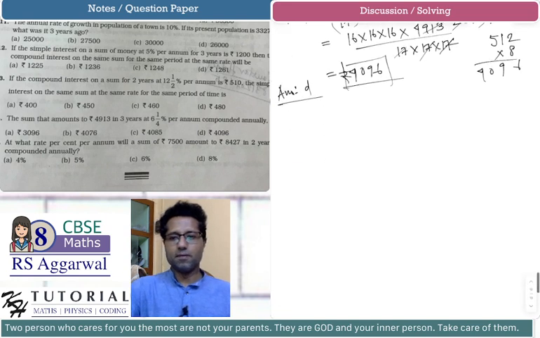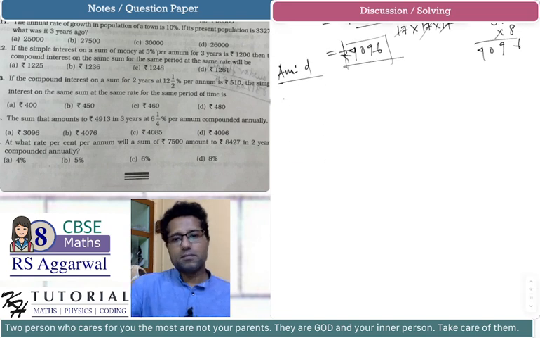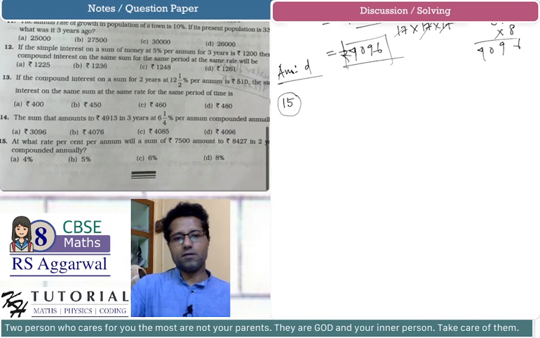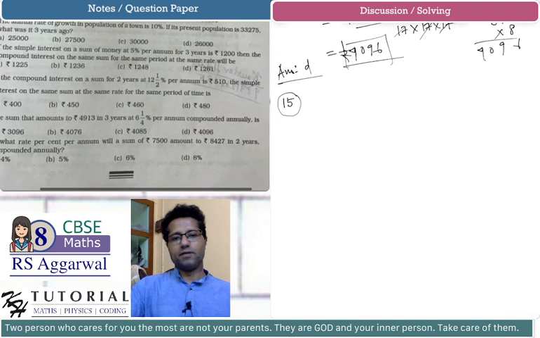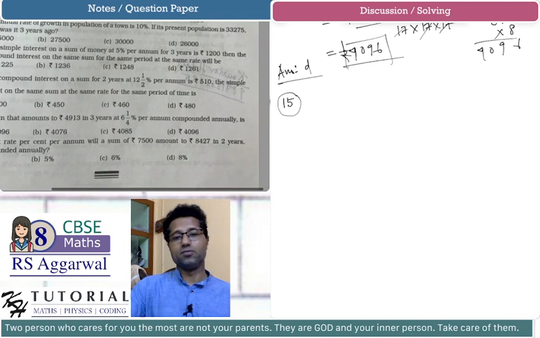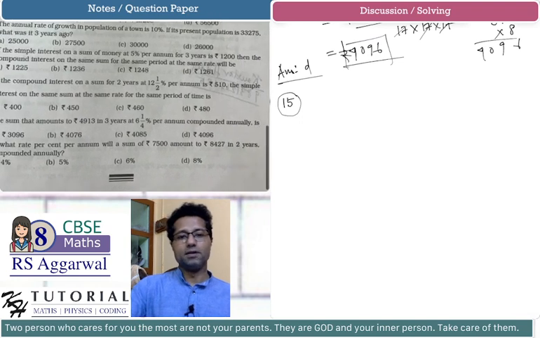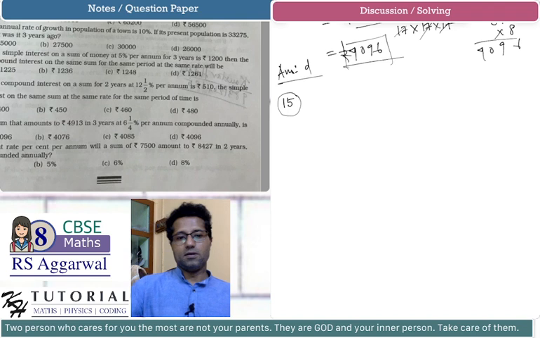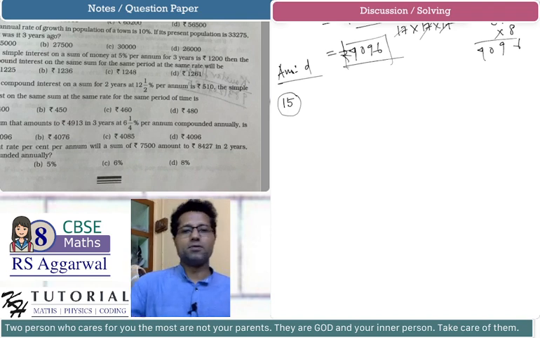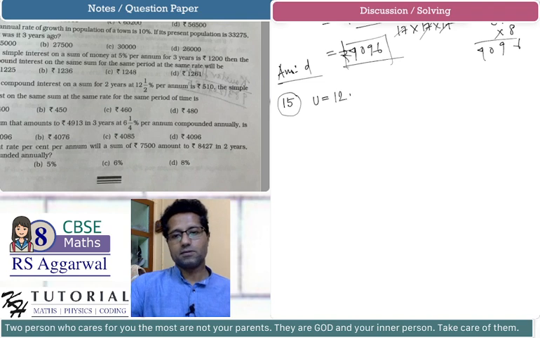Let's do problem number 15. At what rate percent per annum will a sum of 7,500 amount to rupees 8,427 in 2 years, compounded annually? So it is based on compound interest, and the interest is being compounded annually, which means U is equal to 12 months.